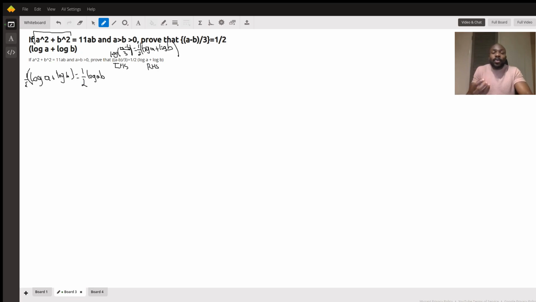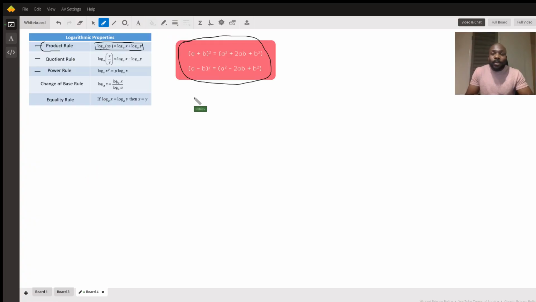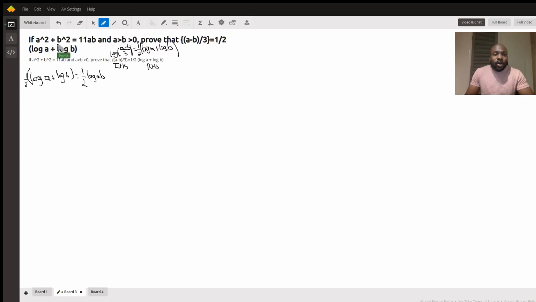So we need to rearrange that if statement so that we end up with something that allows us to have (a minus b) squared. That way we can square root (a minus b) squared and be left with a minus b. Again, keep in mind, (a minus b) squared is a squared minus 2ab plus b squared. So we need to incorporate a minus 2ab into that if statement.